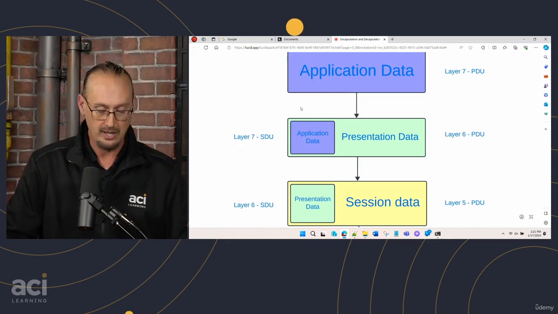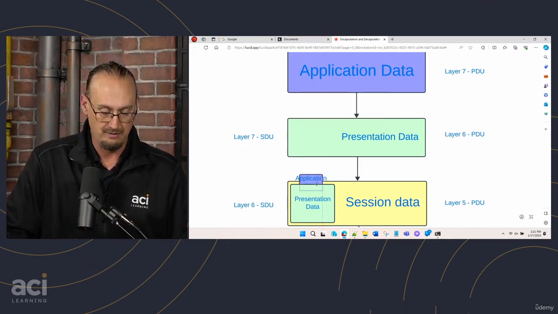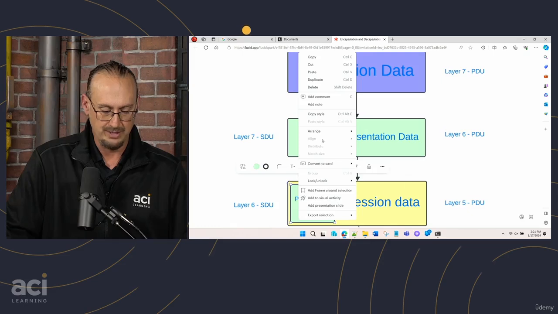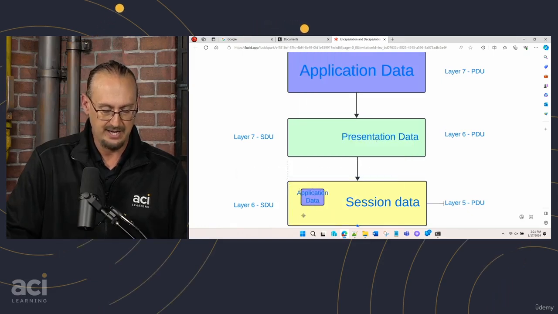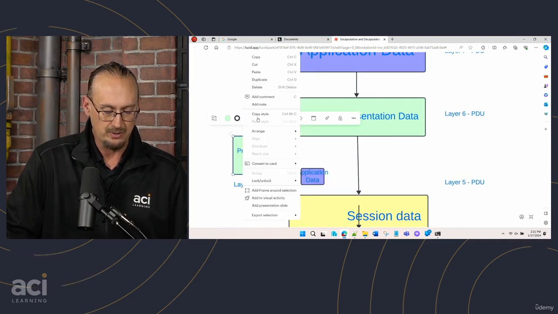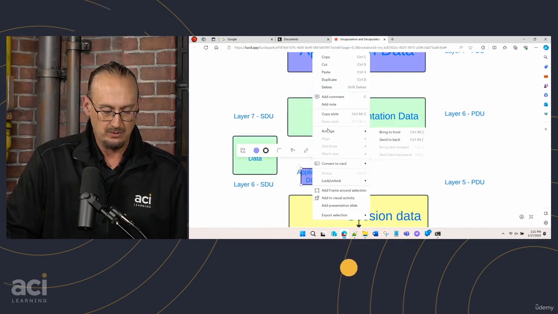All right, so I'm going to do a little modification on the fly. Let me bring this one to the back real quick. Send to the back. All right, you could kind of say that it looks a little bit like this. Let me get this one back here, bring to the front. And we will get this, right?